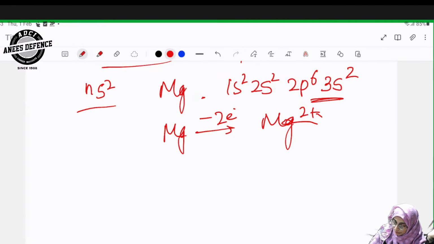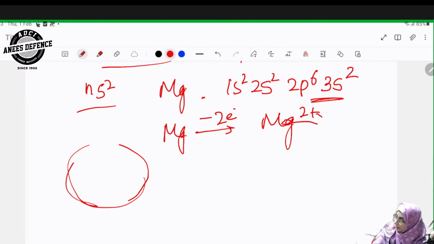Elements have the largest atomic and ionic radius. Largest atomic radius means their radius is like this. How do you calculate the radius? From the center to the outermost shell. Okay? This is the radius. Largest radius, atomic and ionic radius, yet the lowest ionization enthalpy. What is the ionization enthalpy?